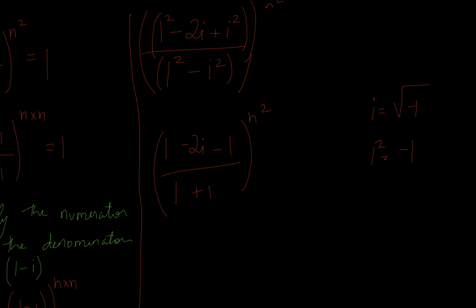Now as you can see over here, minus 1 and 1 would cancel out. So we are now left with minus 2i divided by 2, whole power n squared. Now remember, all of this was equal to 1. That is what we were discussing.